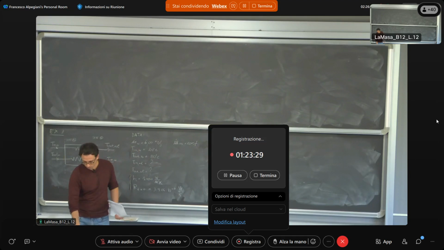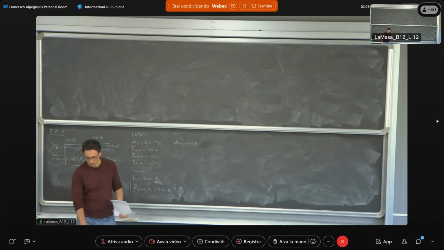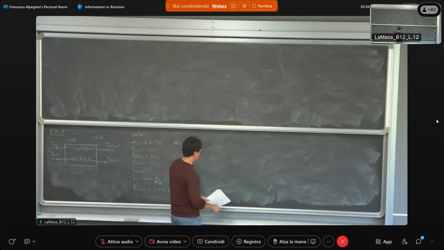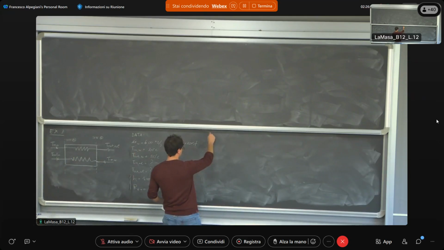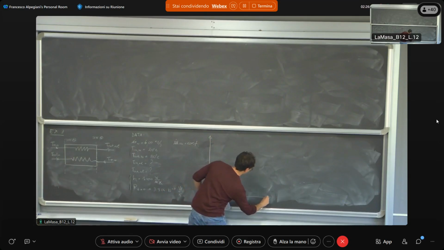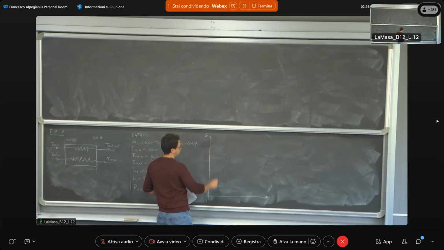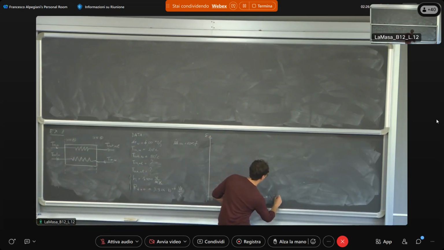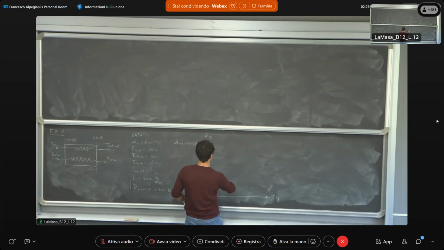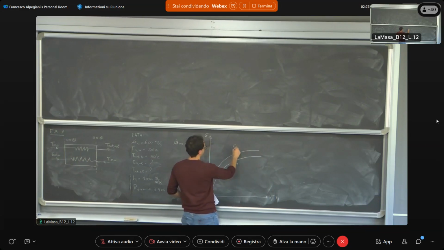The graphs are done like this. So maybe you have seen them in theory. You have the epsilon related to the NTU and different curves for different CR, where this is the orientation of an increasing CR.